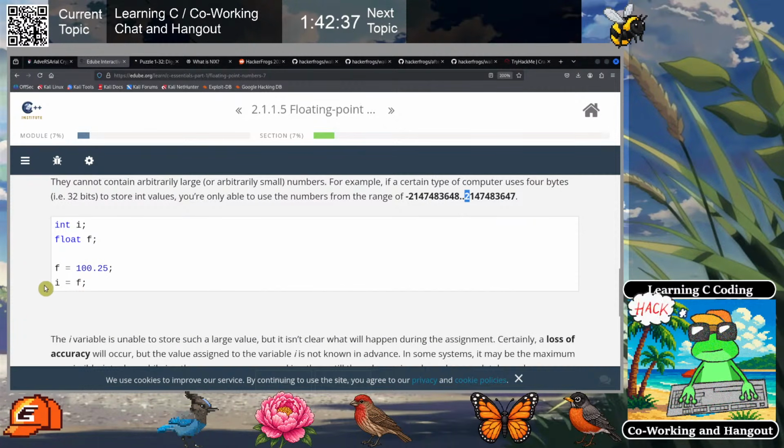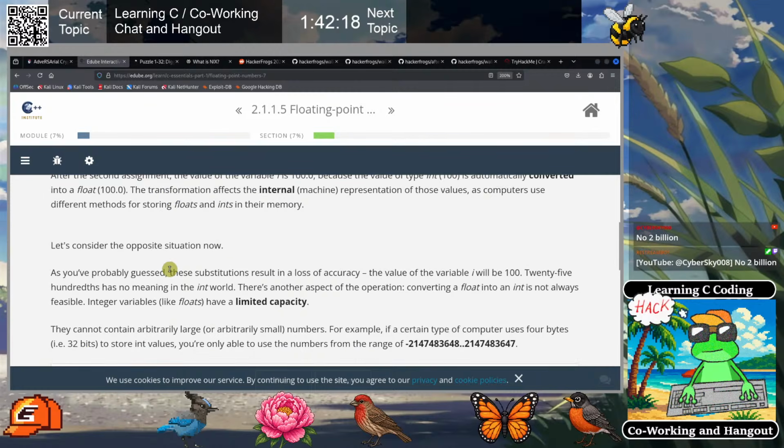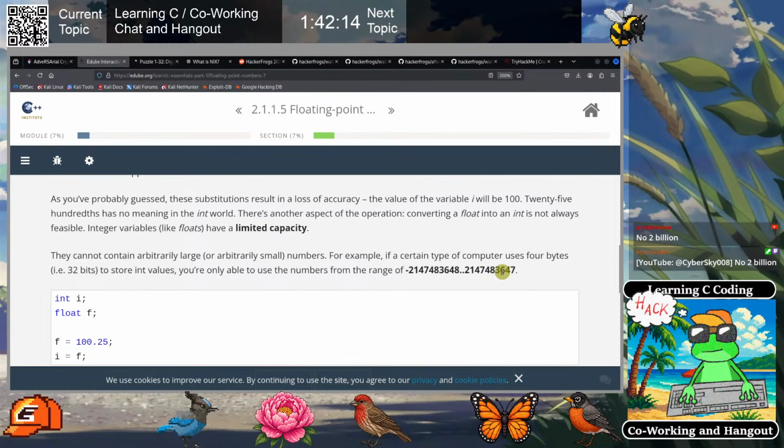Okay, so we've got integer I, float f, f equals 100.25, and I equals f. So I'm assuming that the 0.25 is going to get cut off in this case, but I'm not completely sure. Hold on. I'm apparently really bad at counting numbers.